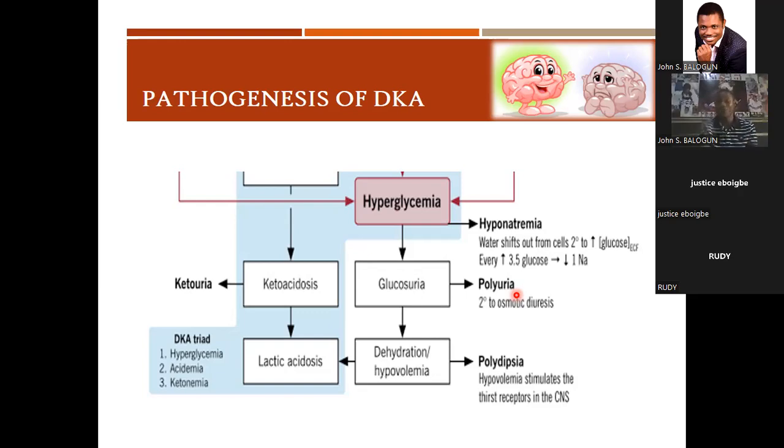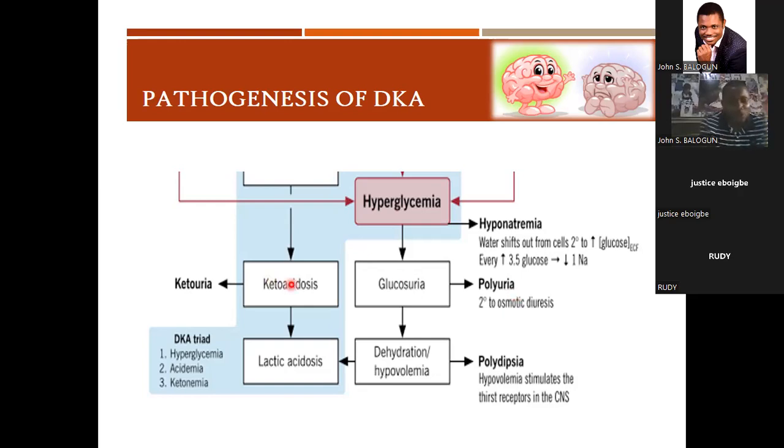These are some of the things that help you to differentiate that this is likely type 1 diabetes. Unlike in type 2, a patient who has type 2 diabetes will be overweight or obese. But the one that has type 1 diabetes will be losing weight despite adequate feeding. So can you get the difference between them now?